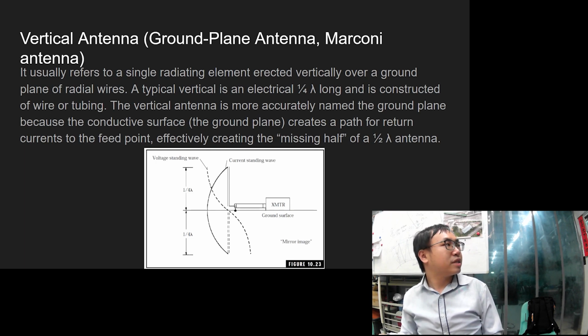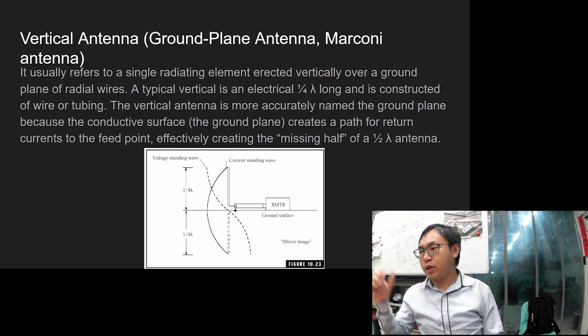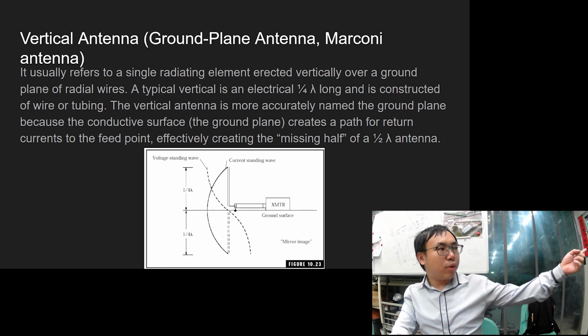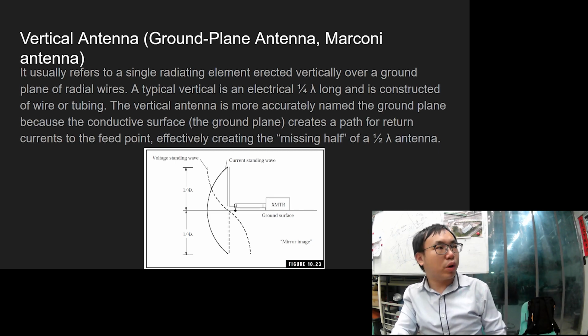They use the ground, stick the antenna to the ground surface, and use the ground for the rest of the antenna. That's why you can use a very short vertical antenna and receive signals, especially in handhelds. They use the ground to act as a virtual antenna, so the antenna can be just 1/4 lambda long.